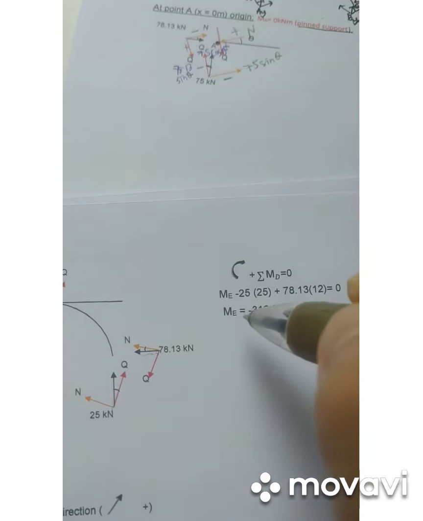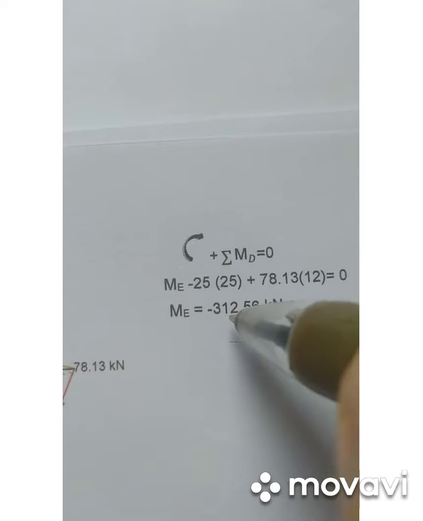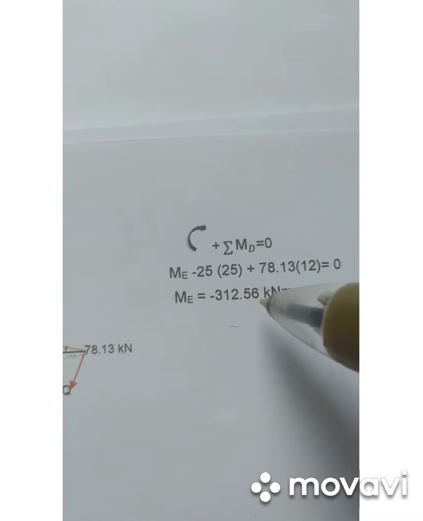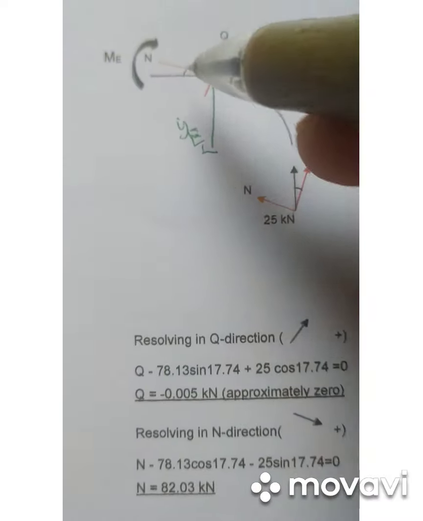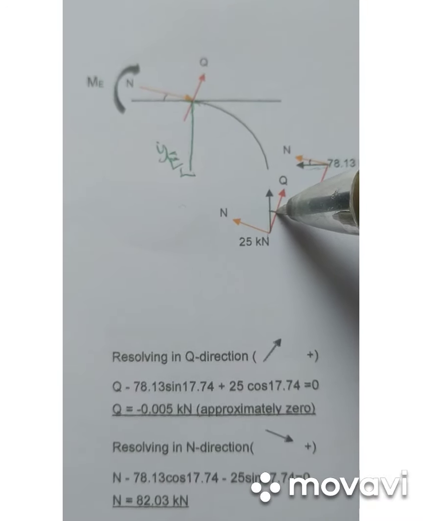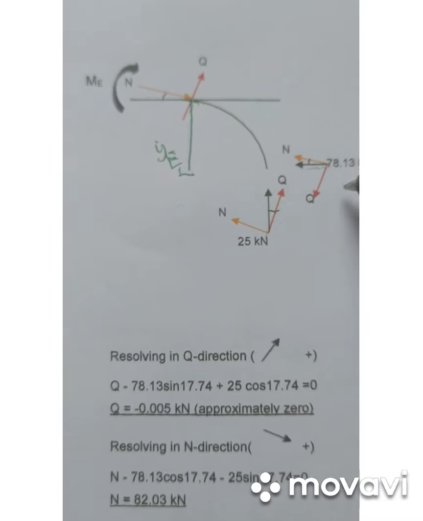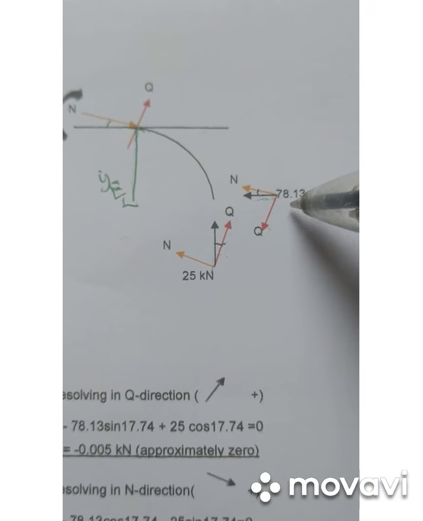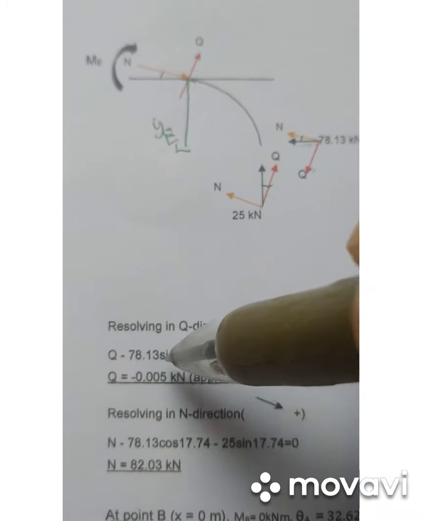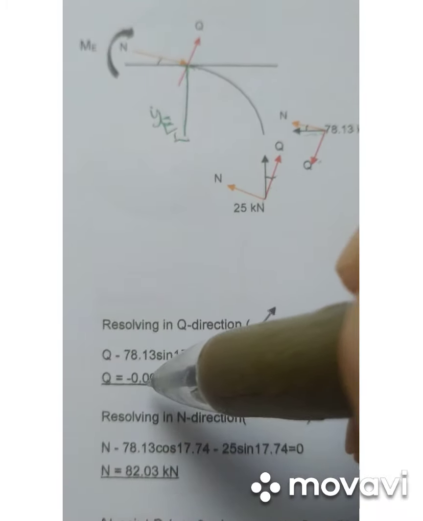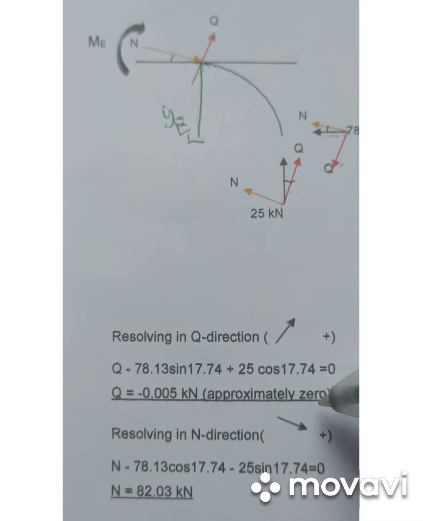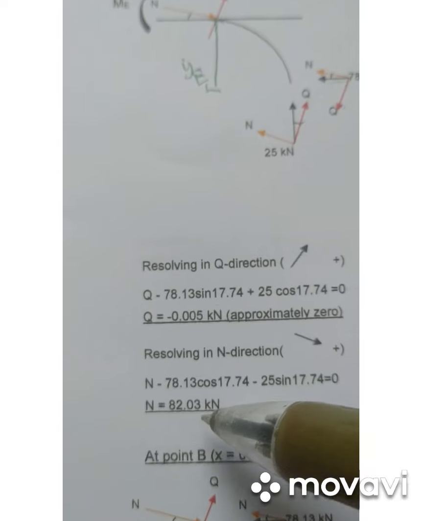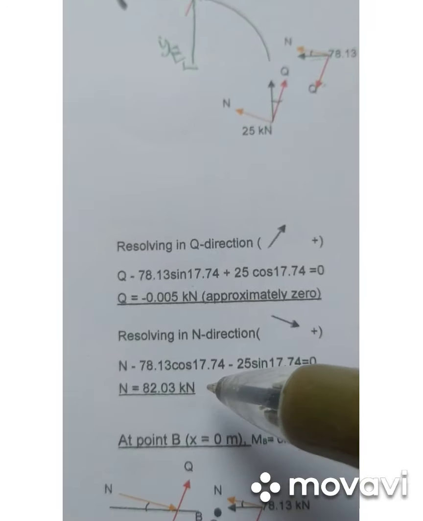So you get ME is equal to negative 312.56 kilonewton meter. And then you have to resolve in Q and N direction. So Q plus Q cos theta, 25 cos theta, minus 78.13 sin theta. So you get Q is negative 0.005 kilonewton, approximately 0. And N you get 82.03 kilonewton.